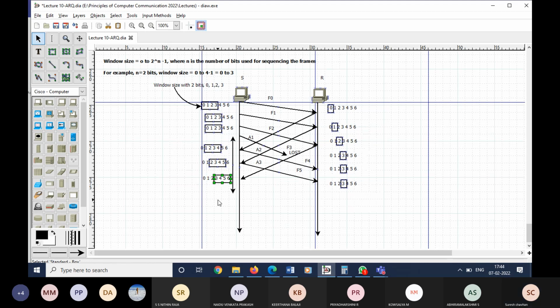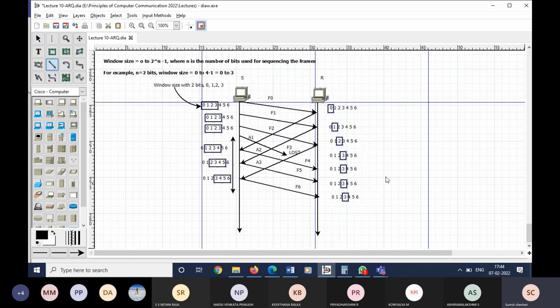And this guy can send the next frame F6 because F6 is in the window, right? But the receiver won't accept it because it will be waiting for F3, right?